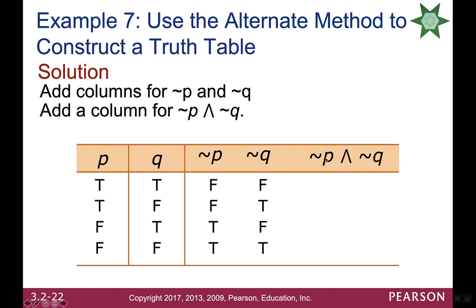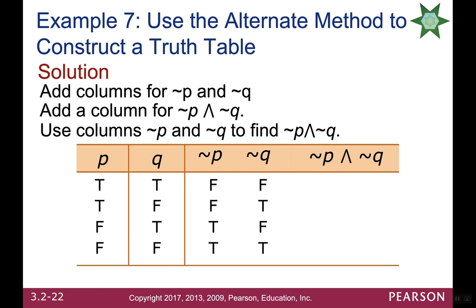So now, what happens with not P and not Q? Well, we add a column for not P and not Q as we did. Now we have to find a column for not P and not Q. So let's play.